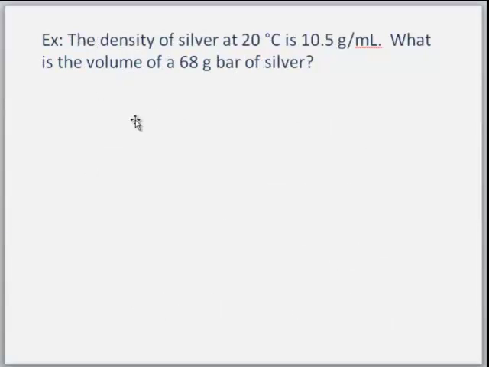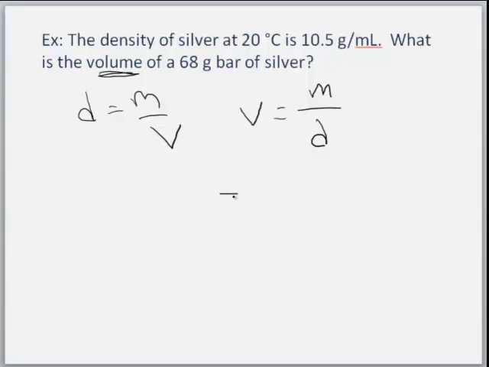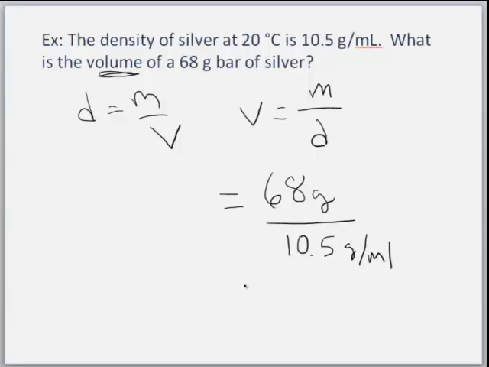We can also calculate the other variables in the density equation. Density is equal to mass over volume. And in this case, we're going to calculate volume. So we're going to rearrange that formula so it's V is equal to M over D. Again, we're simply going to plug in our values, 68 grams over, now we want to put our density here in the denominator, 10.5 grams per milliliter.